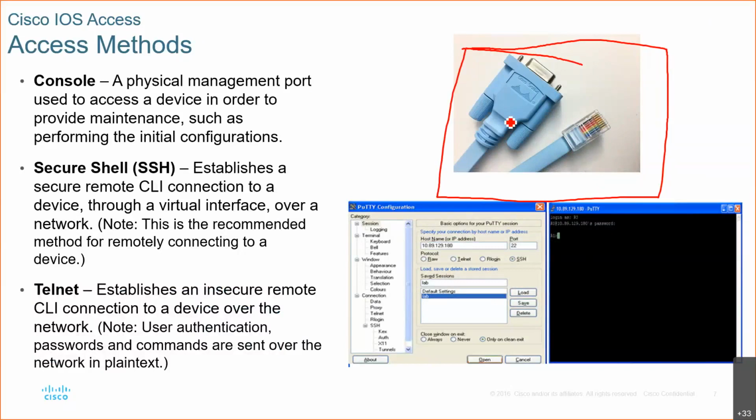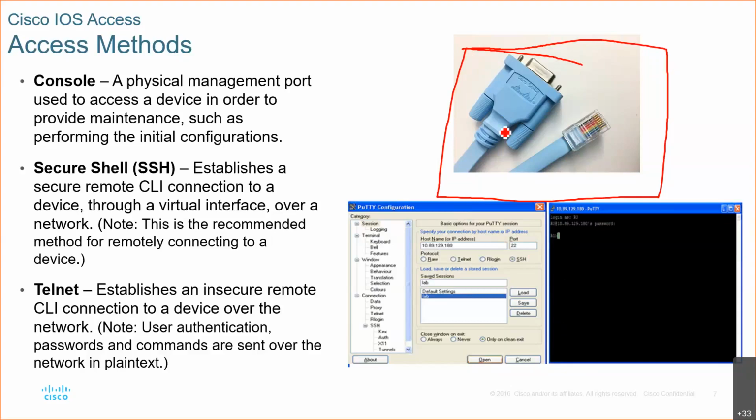Once you connect it, by using a software like Telnet or PuTTY, you give the IP address and the port, and now you can see your switch or your router configuration over here. Your iOS will load over here and you can see it. That's very easy. That's it.